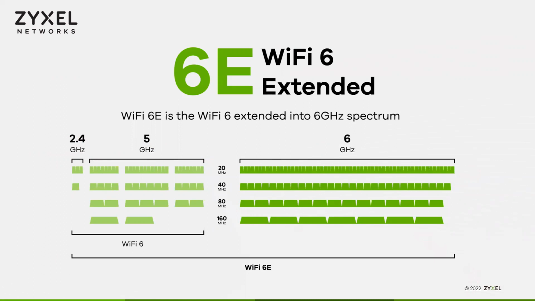One of the ways that we get faster speeds with Wi-Fi is by increasing the amount of bandwidth that we are using. Originally with Wi-Fi channels, we used 20 megahertz channels. When we made the jump up to 11n or Wi-Fi 4, we started using 40 megahertz channels. And then from there, we jumped up to 80 and now 160 megahertz channels.